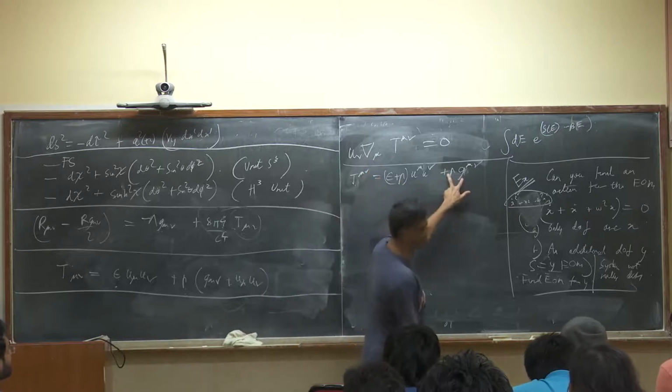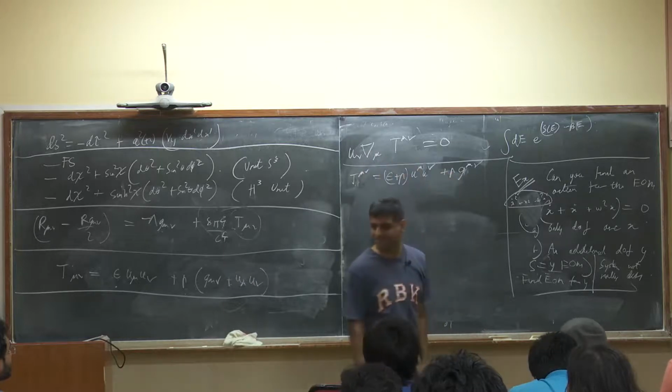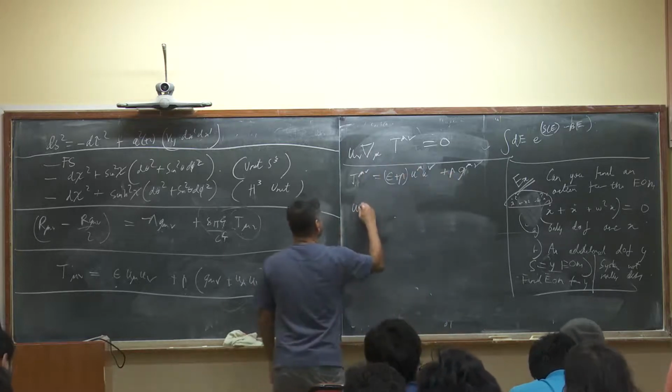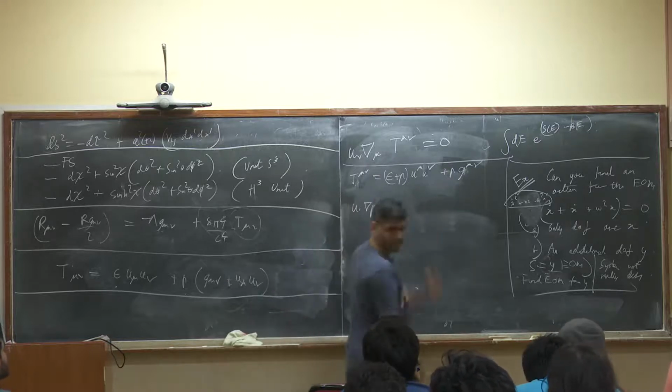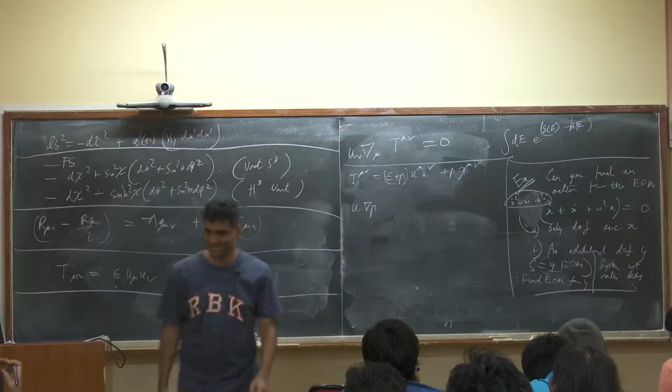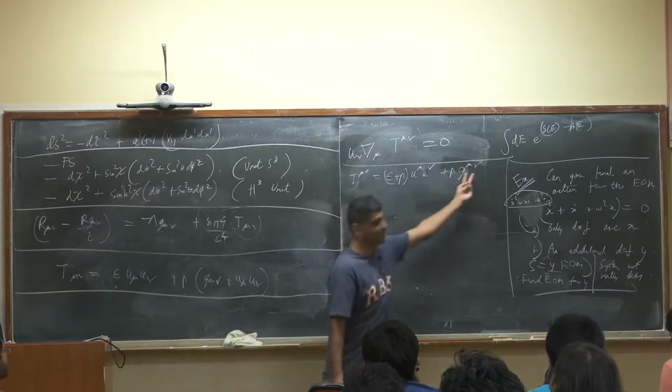First, let's do it here. On this term, the only place where this derivative can act is P. So one term is u dot del of P. Is this clear? Because it becomes u dot del because it's contracted with a g.